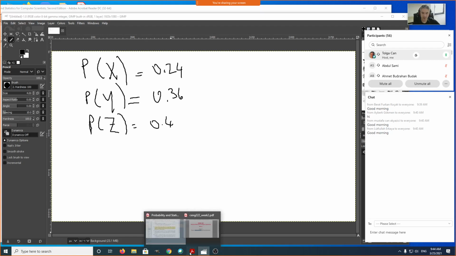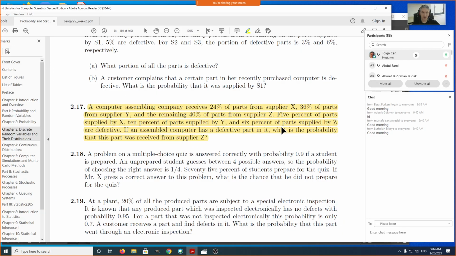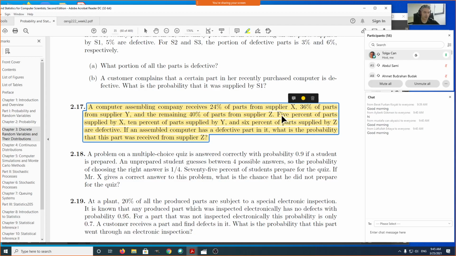Now, what are we asked? 5% of parts supplied by X, 10% of parts supplied by Y, and 6% of parts supplied by Z are defective. All right, so how are we going to make use of this sentence? This doesn't seem like a direct conditional probability, but it is a conditional probability given to us here.